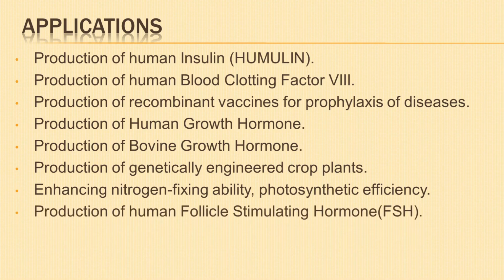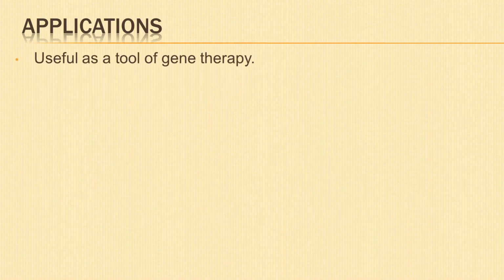It is used to produce human follicle stimulating hormone FSH in vitro. Recombinant DNA technology is also used as a tool of gene therapy to cure or prevent various diseases.